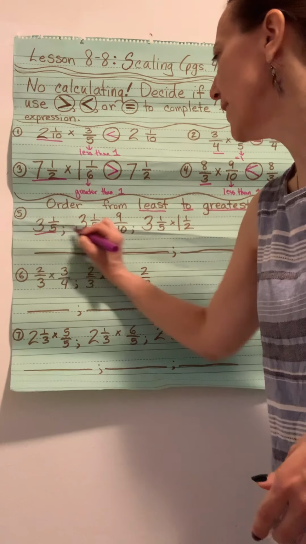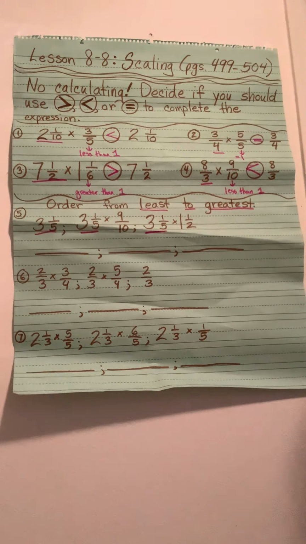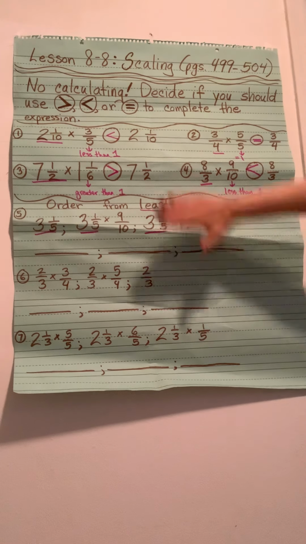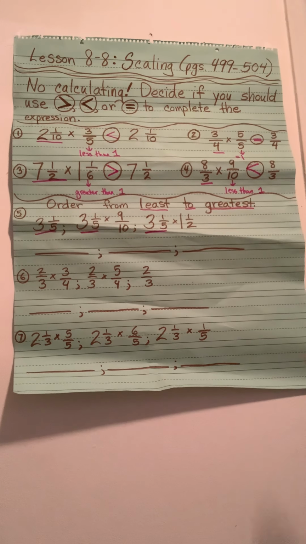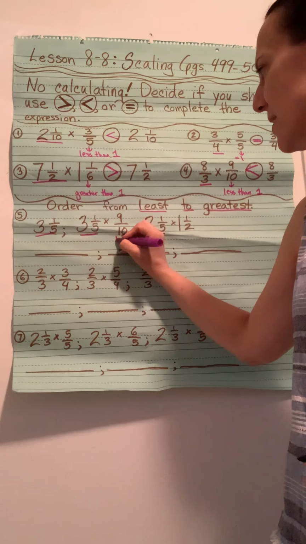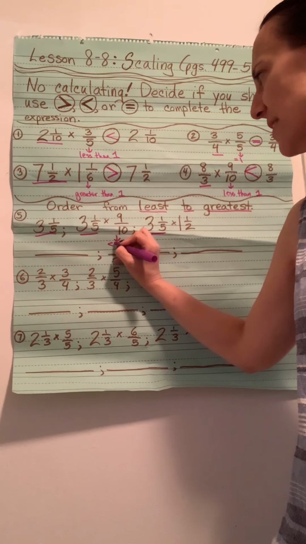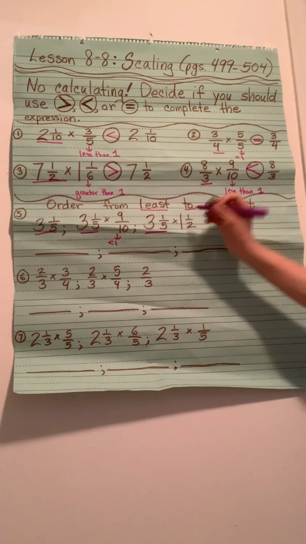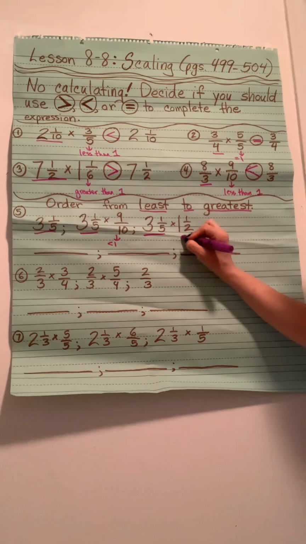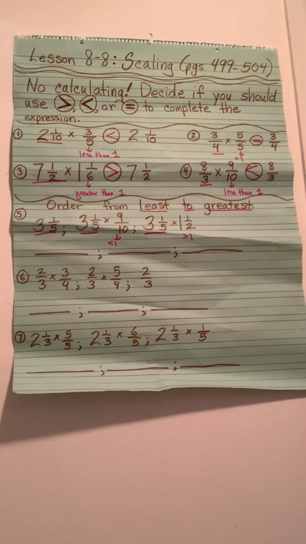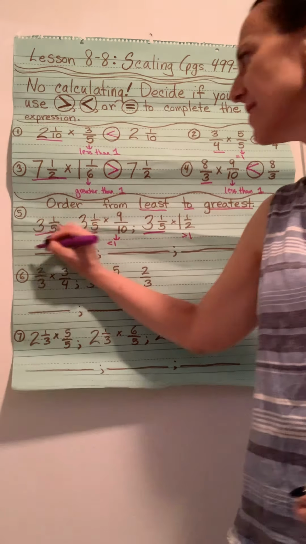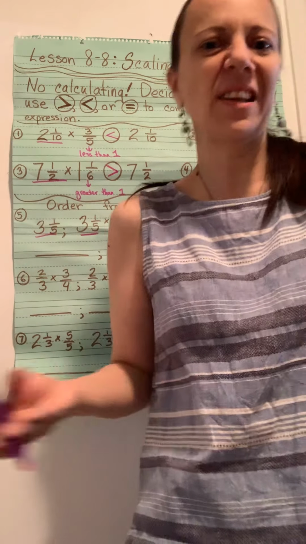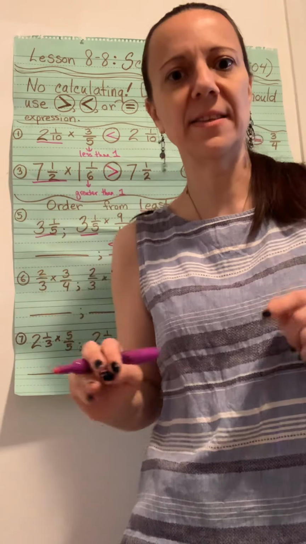I notice all of them have 3 1/5 in common. I'm just practicing this skill up here and asking myself, what's it being multiplied by? I notice that this is being multiplied by 9/10, so that's less than 1. This is being multiplied by 1.5, so that's greater than 1. And this is just by itself, so it's like times 1, that's fine, it's just going to stay the same.